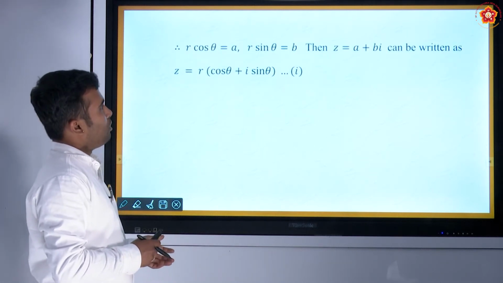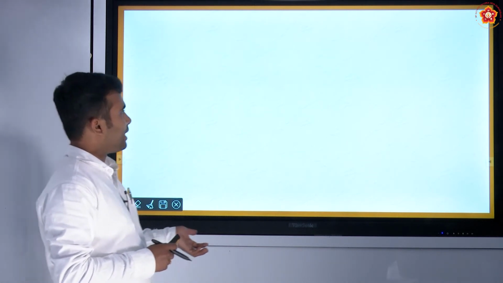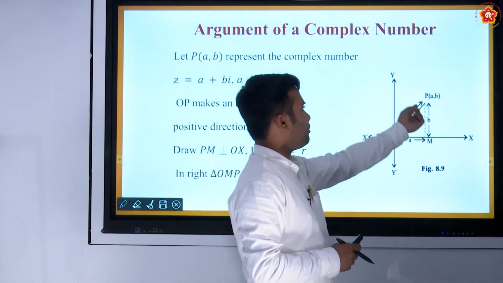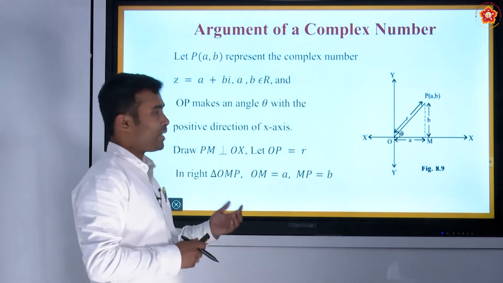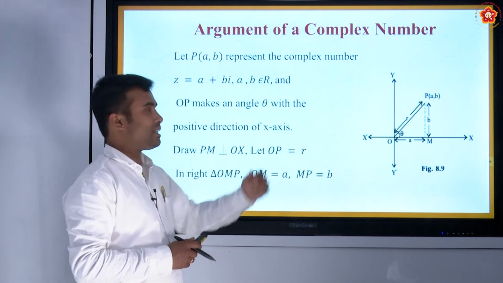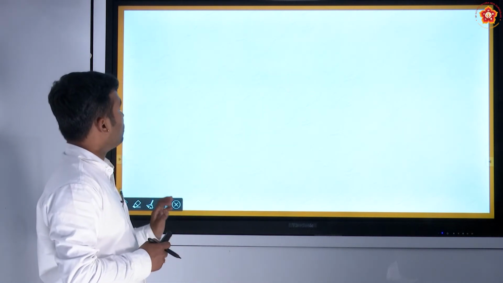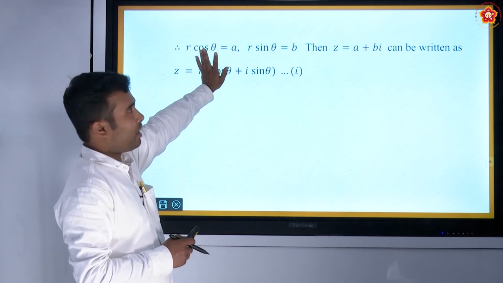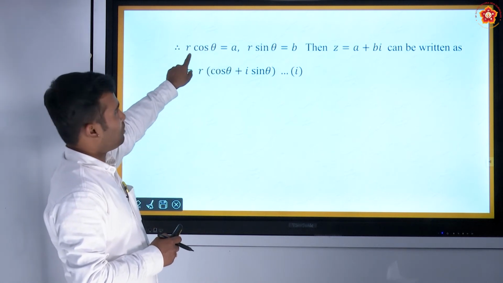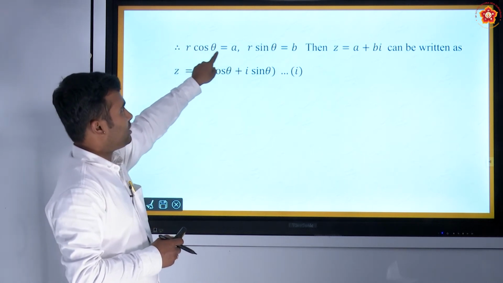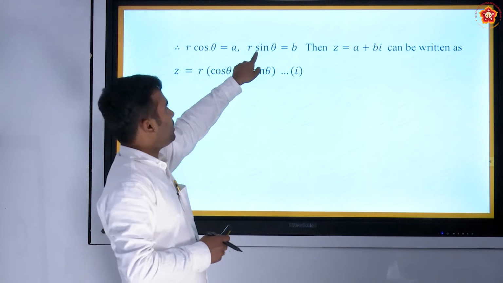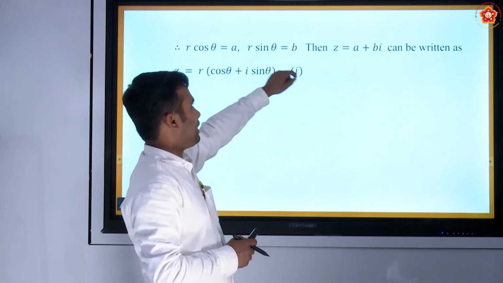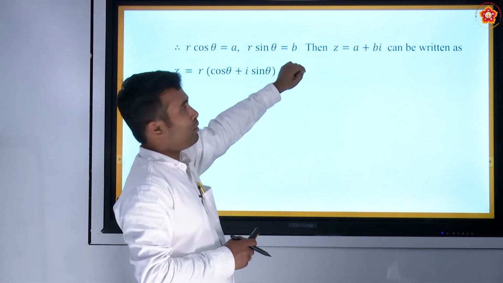So from this triangle OMP, I am able to define cos theta as well as sin theta. cos theta is a by r, so that can be represented as r cos theta is equal to a, and similarly from the triangle, sin theta is b by r, so r sin theta will be equal to b.